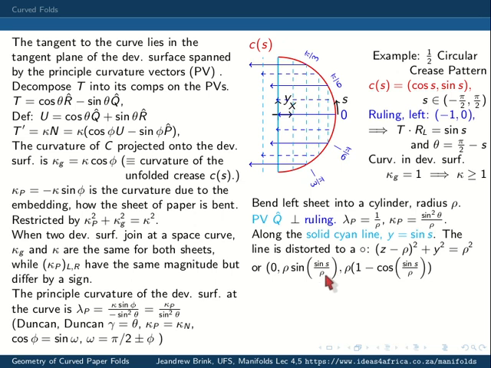Do you get this one? You see why I do that? Not obvious. Okay, so let's look at this. We have this circle. We have this parameter s going along it.